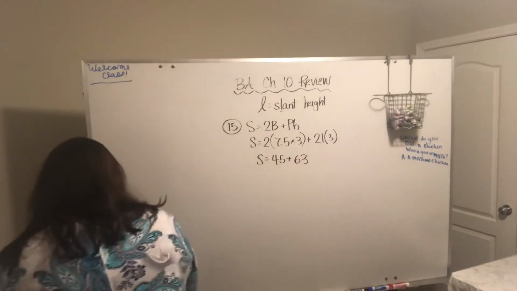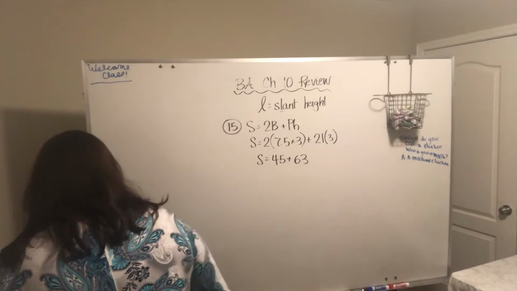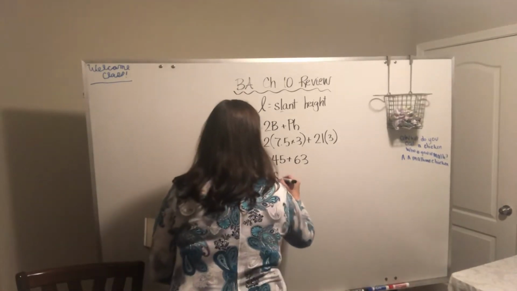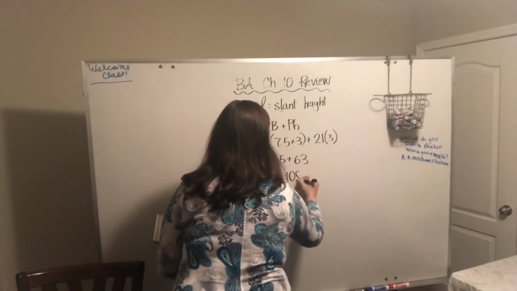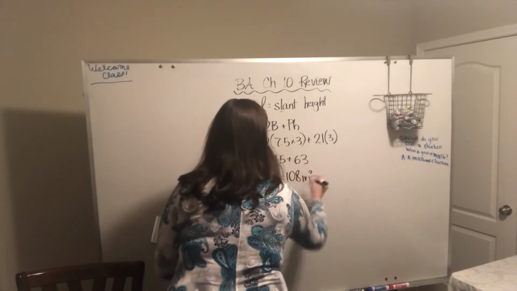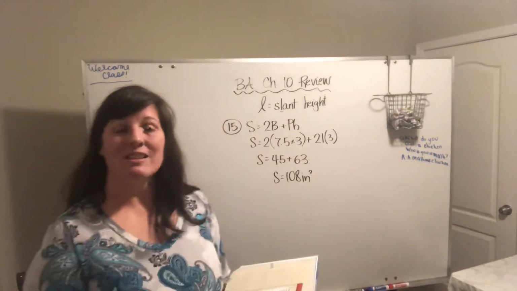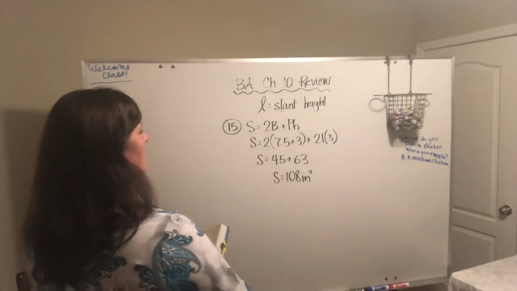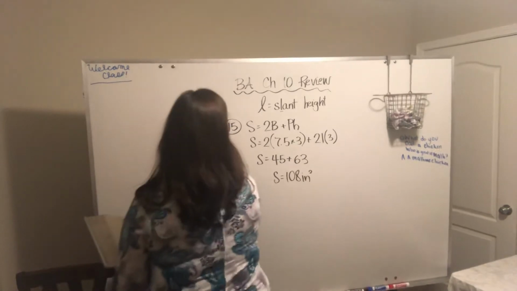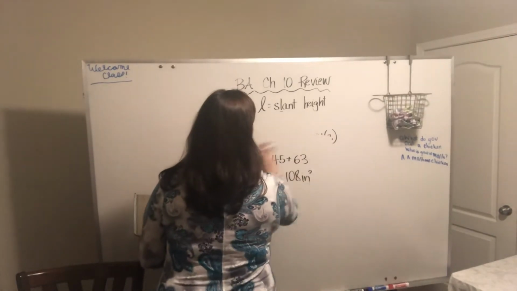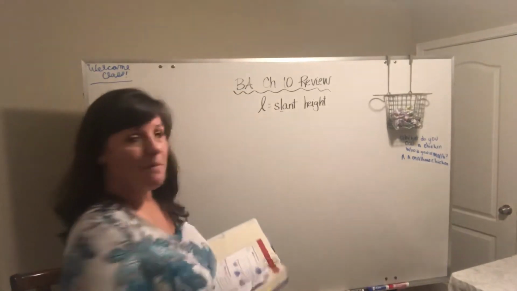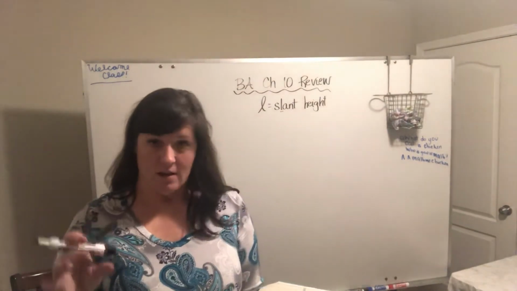So my surface area for 15 ends up being 108, and that is inches squared. Again, pay attention to your base shapes and make sure you're finding the area. Remember that capital B means area of the base. It doesn't mean a length of a base of a triangle. Capital B refers to the area of that shape.